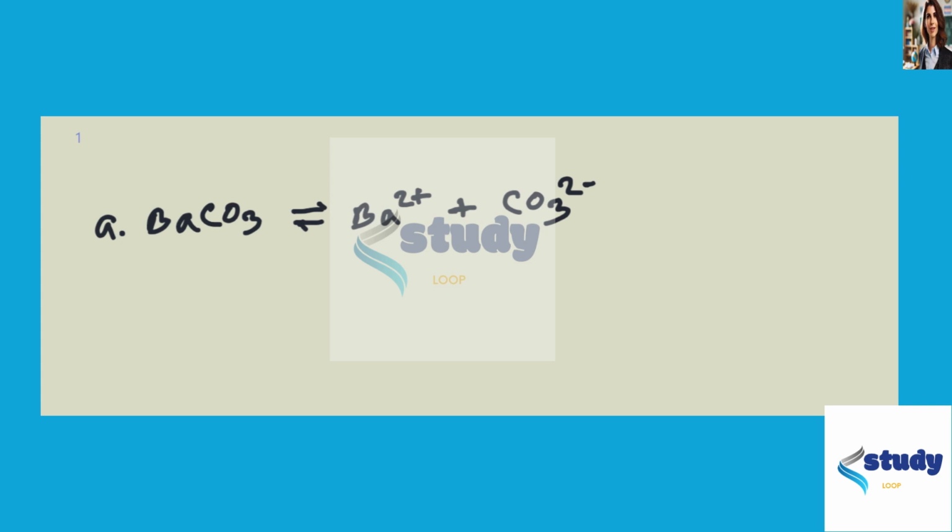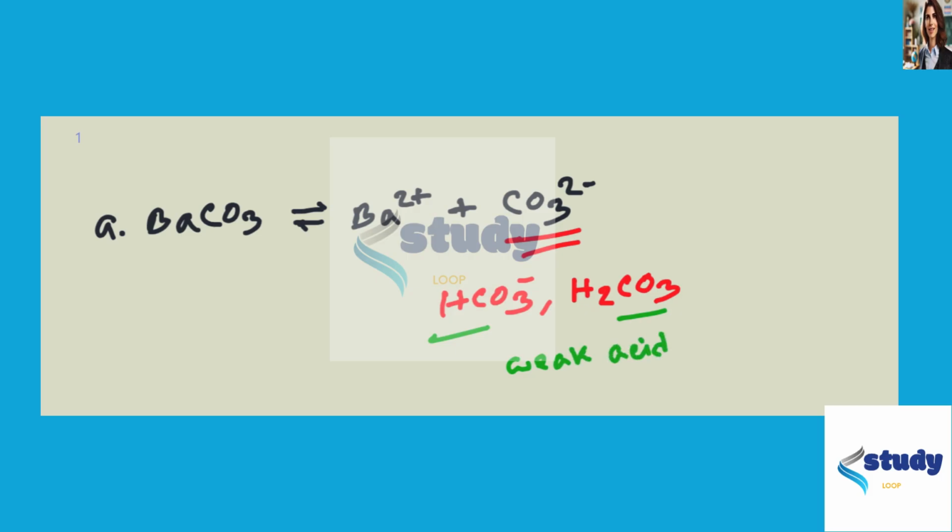So basically this carbonate ion will react with acids to form HCO3 minus or H2CO3. And as you know, both of them are weak acids. And that means since they are weak acids, this barium carbonate will be more soluble in acidic solution.